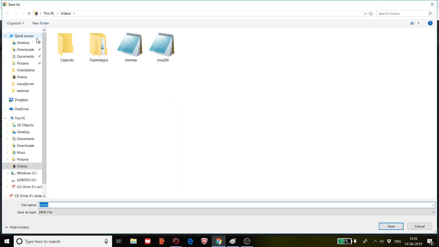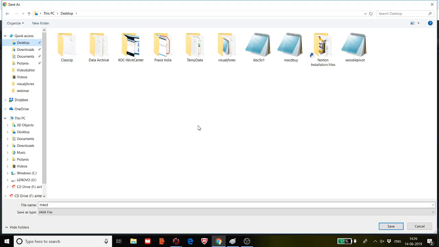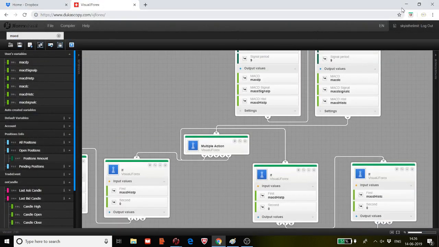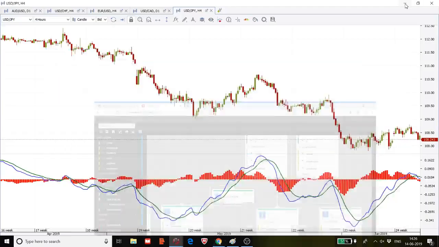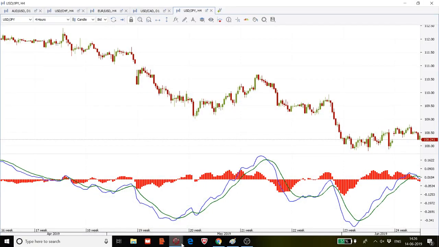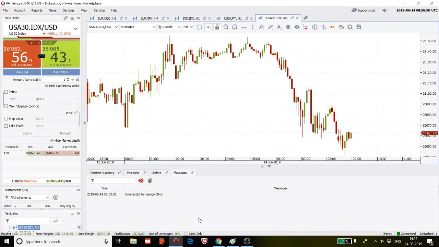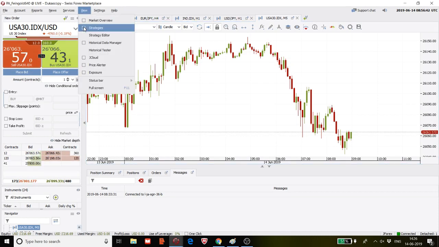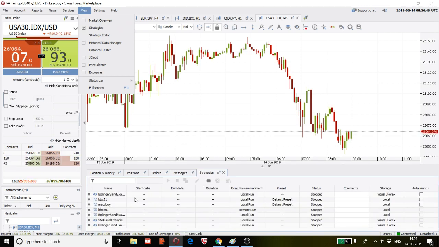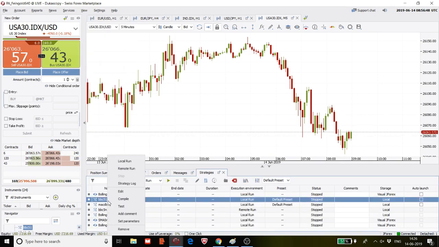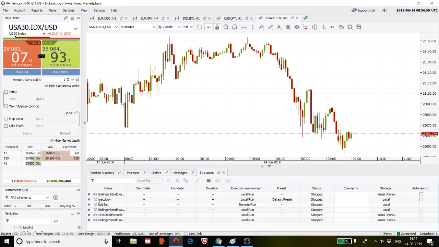I will save it on the desktop so it will be easy for me to import. In the strategy section, click on view, check the box of strategy, then strategies will be available. So I will remove some strategies from here to make space.